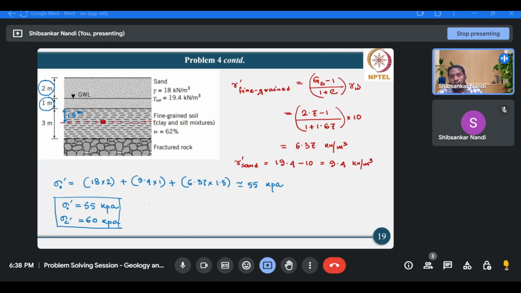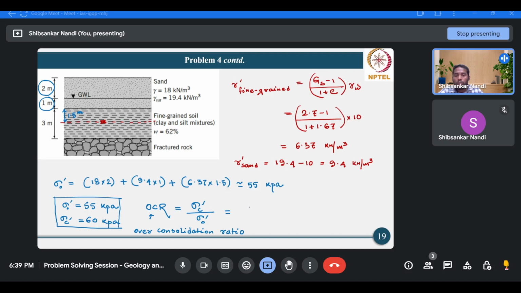Now we'll calculate the OCR. OCR means over consolidation ratio. It's a ratio of the past maximum stress divided by the present stress.